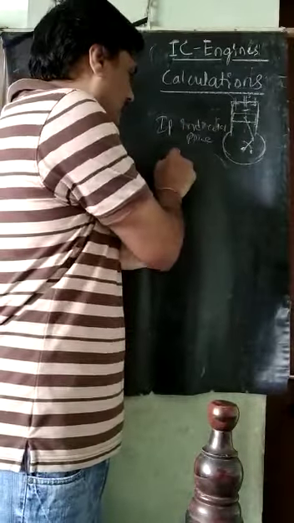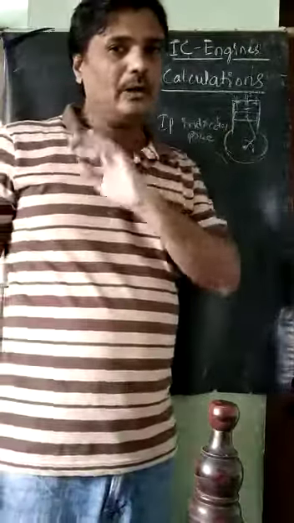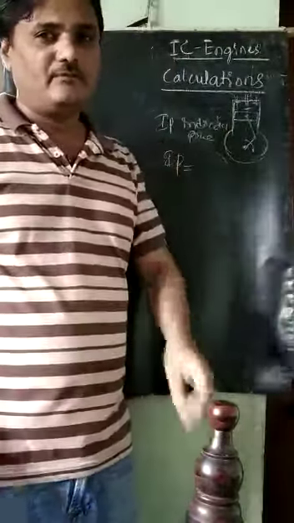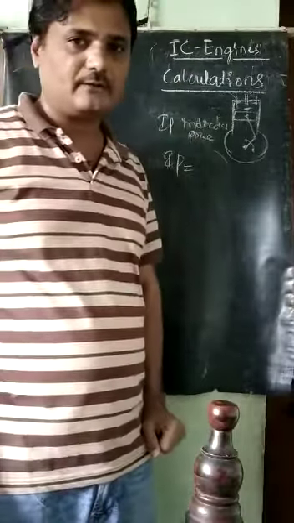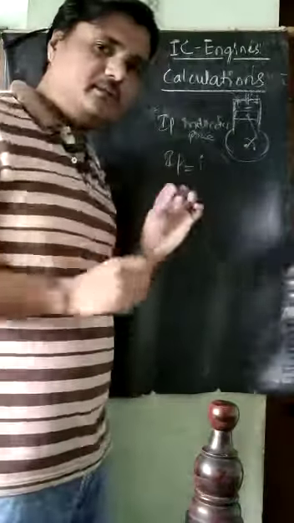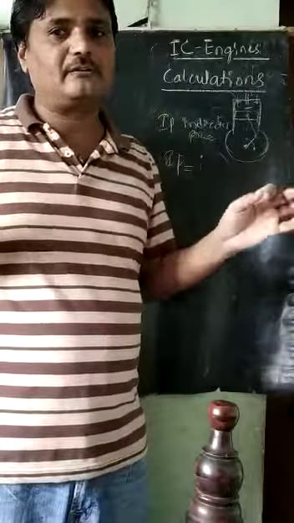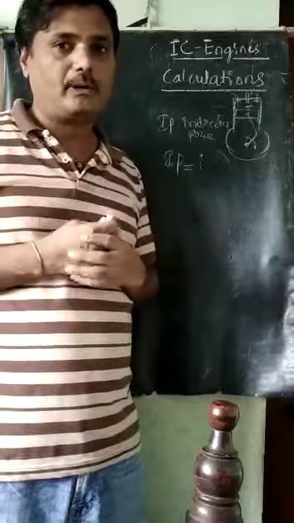How does this indicated power have to be calculated? To calculate the indicated power, there is one formula that has to be used. That is I, where I means the number of cylinders. If more cylinders are connected, then definitely more power will be developed.